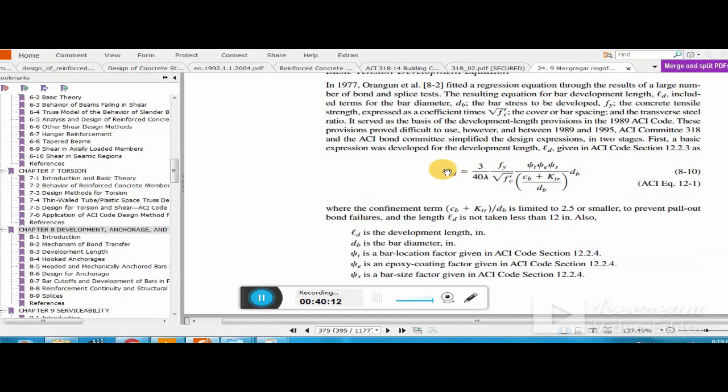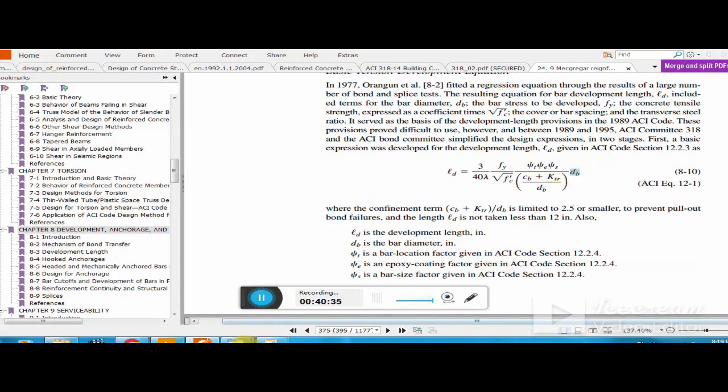The other thing is that you have to use these factors, but these factors matter only a little bit. You have to either decrease the bar size or calculate the actual values, because all the other things are fixed. You can only play with these terms.